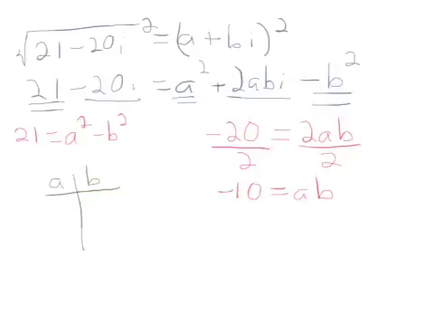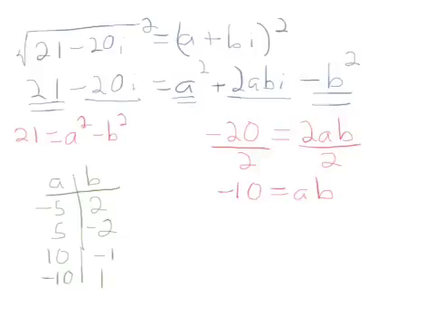So if a times b is negative 10, well then a could either be negative 5 and b could be a positive 2, or a could be positive 5 and b could be negative 2. Or let's try this, we can try either 10 times negative 1, or it could be negative 10 and positive 1.